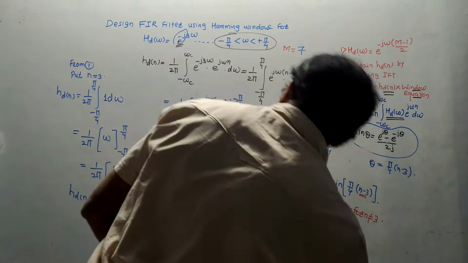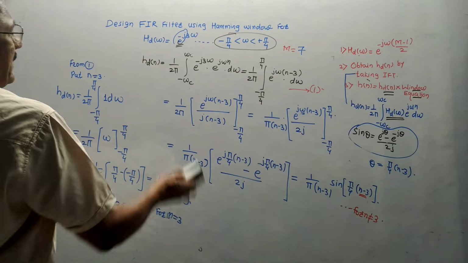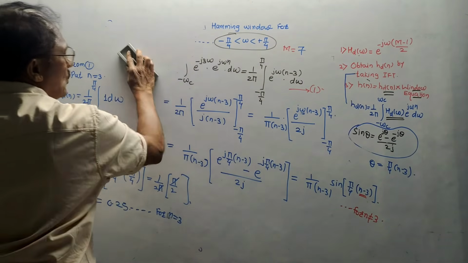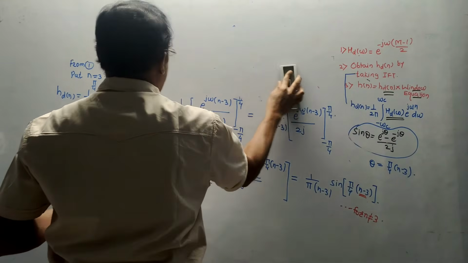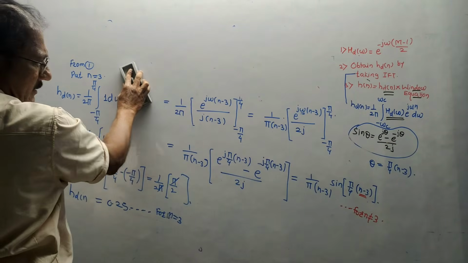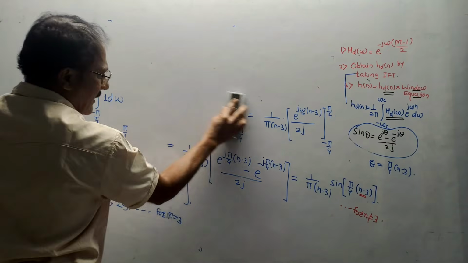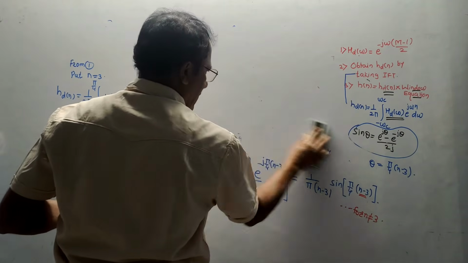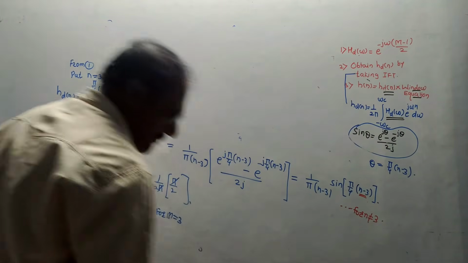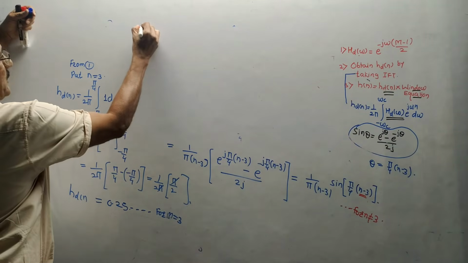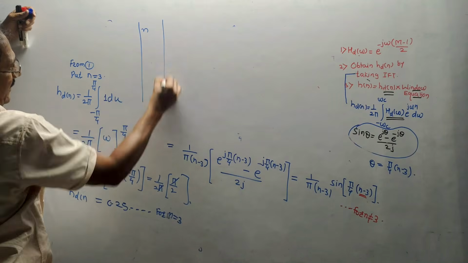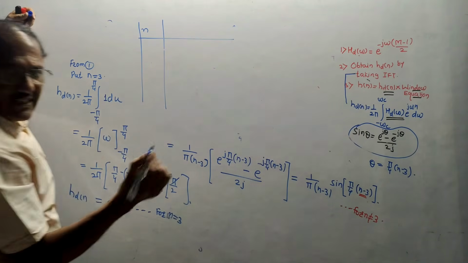Now, the last step, like the previous sum: what I am supposed to do is write the values in one table. There will be different columns in the table, like the last sum. First, I will draw the table. First part is the value of n. n varies from 0 to m minus 1 like the last sum.